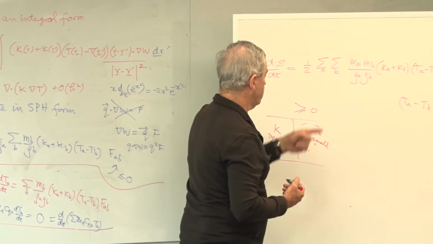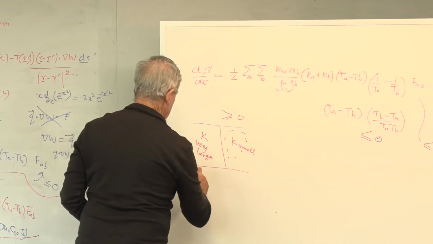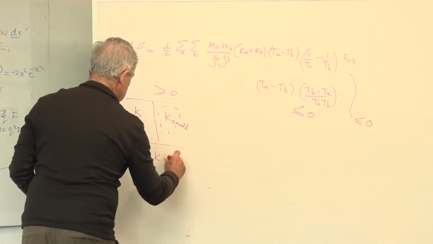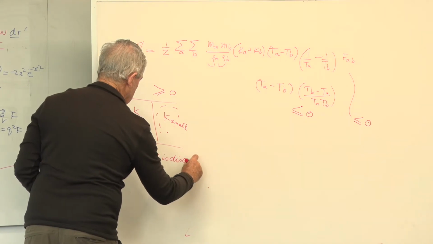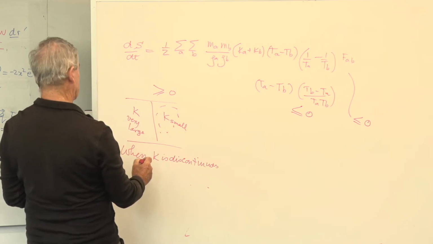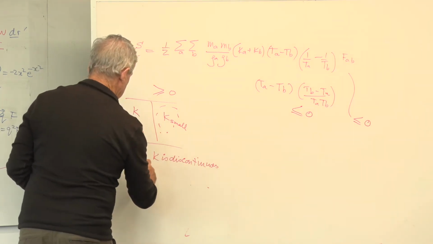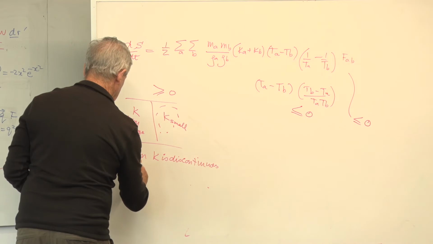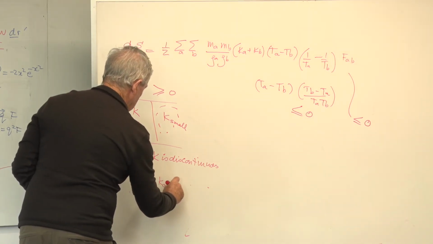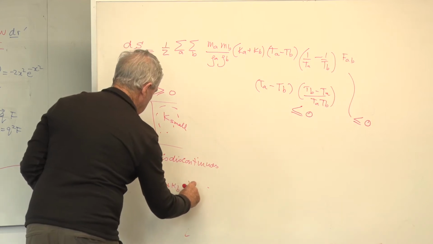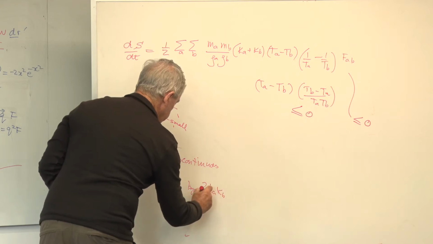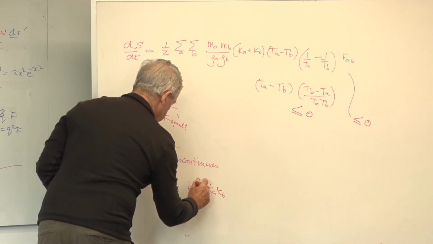So we need to know what happens when K is discontinuous. Replace Ka plus Kb by 2 Ka Kb. Actually, not 2, 4.